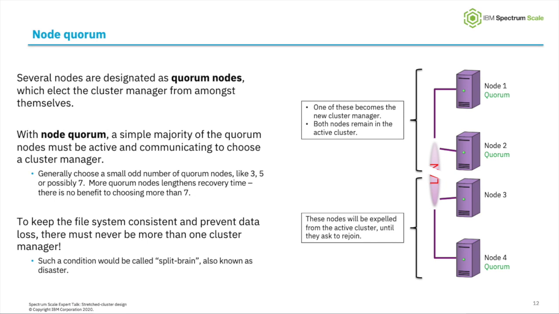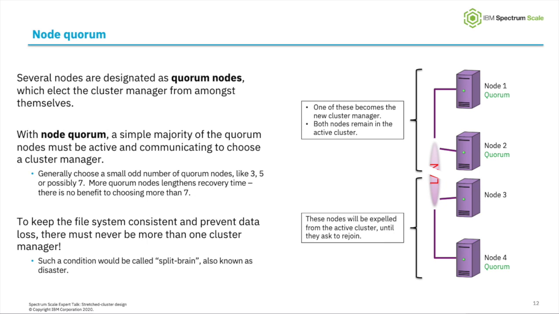And to actually choose a cluster manager, more than half of the quorum nodes must be able to participate in the election. The reason for this requirement is to handle the possibility of the network partitioning. As shown here, the top two nodes can no longer communicate with the bottom two nodes.